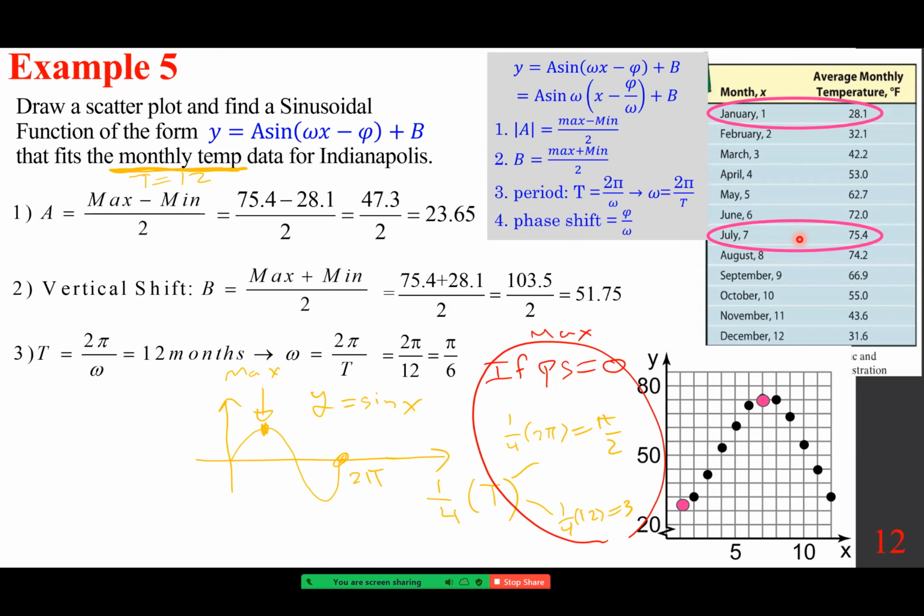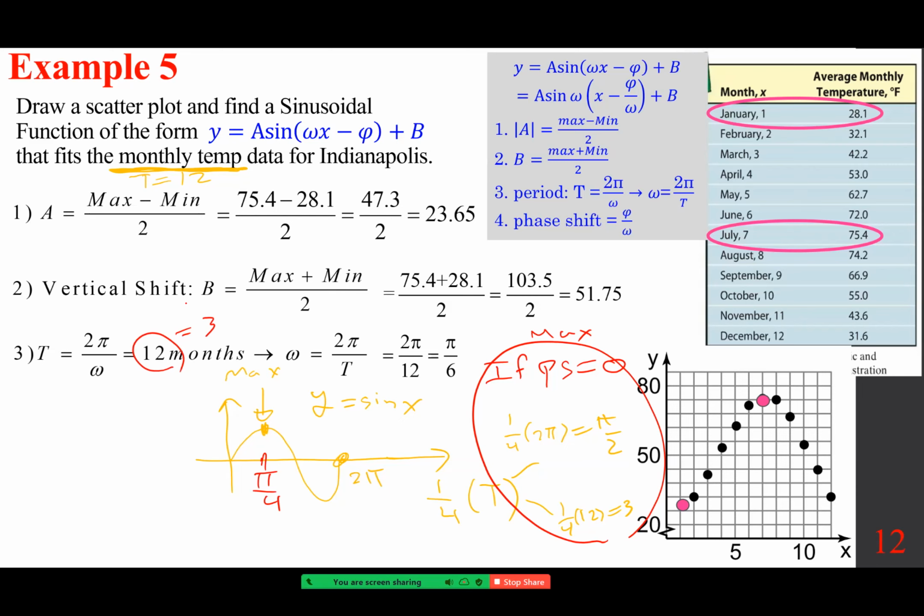So again, I want to make sure everybody understands. For a basic sine function, the maximum occurs here. Where is that? Pi over 2. You know that, right? Where is pi over 2? 1/4 of the period. So 1/4 of this number is 3 months. According to this, in month 3, it should happen. Because it doesn't happen, there must be a phase shift.